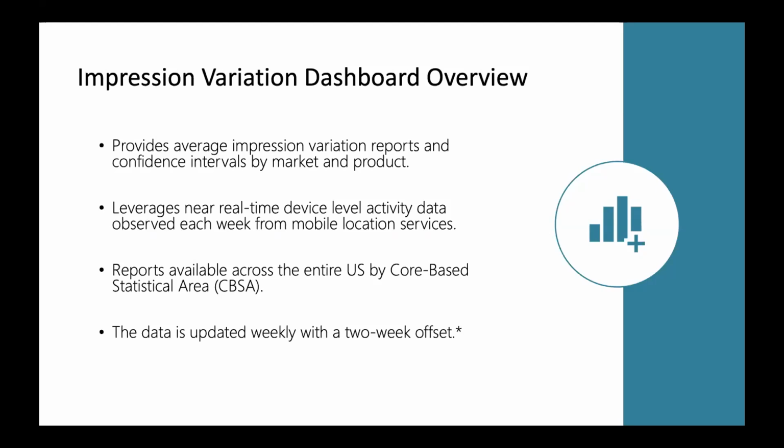We're leveraging near real-time device level data to calculate this. We get data each week, from mobile location services, and we use that to model the information out. It's available at CBSA level and updated weekly, but there's a 2-week offset. So the data that goes in this week is actually for the 2 weeks prior, and it's labeled as such, so that there's always data going in, but it has that 2-week offset.